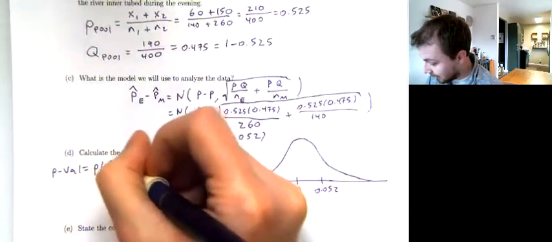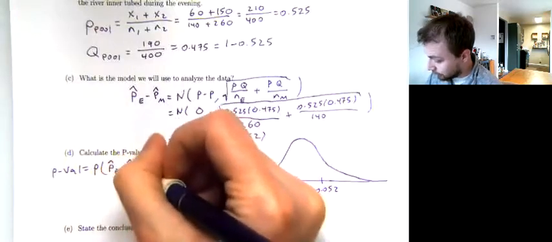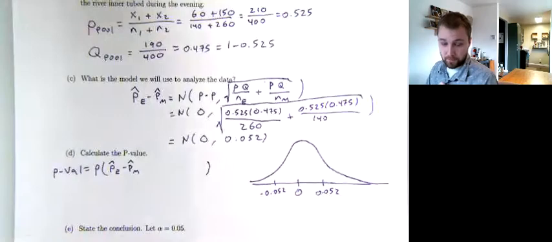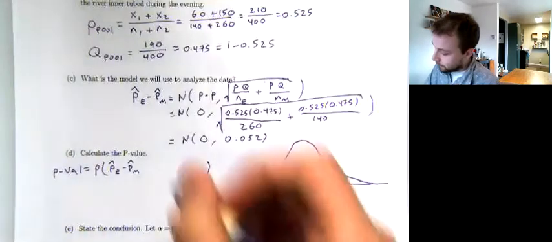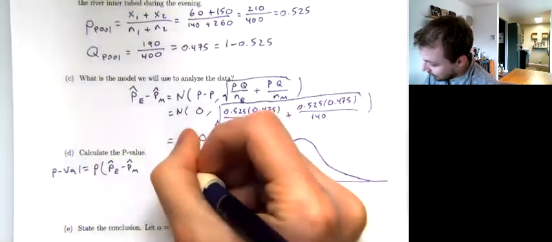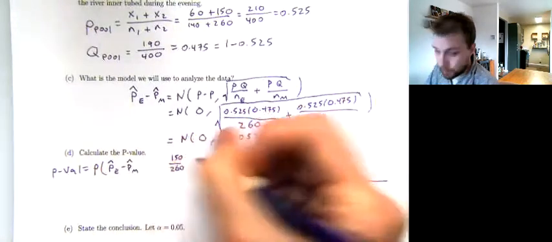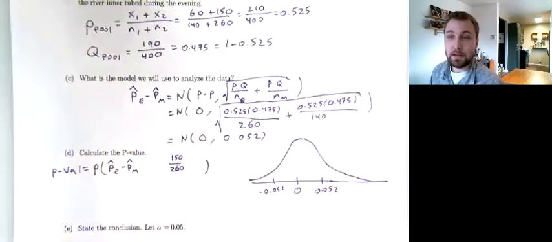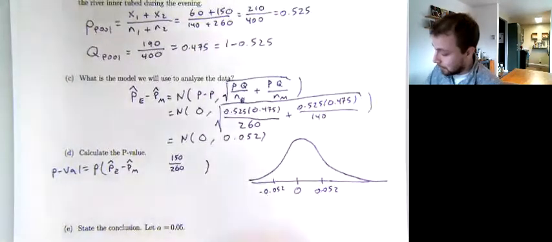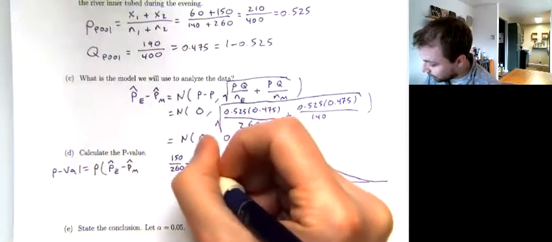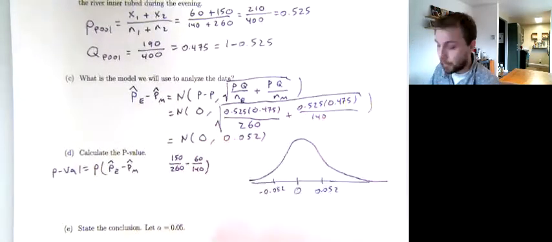So my sample data will be the true success rate for the evening minus the true success rate for the morning. Looking back at my data, I had 150 out of 260 people go inner tubing in the evening. In contrast, I had 60 out of 140 people go inner tubing in the morning.